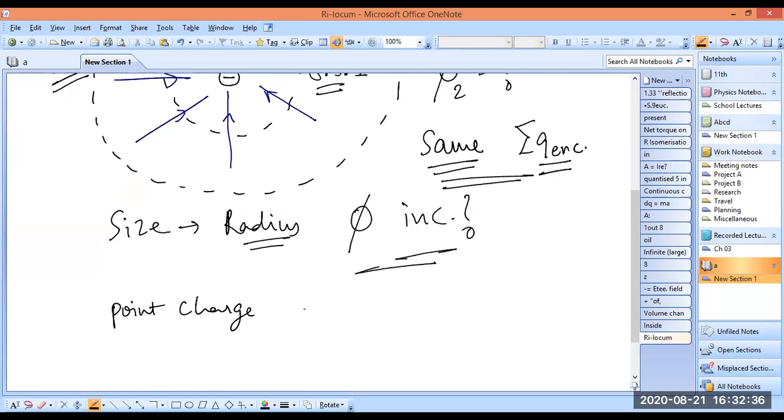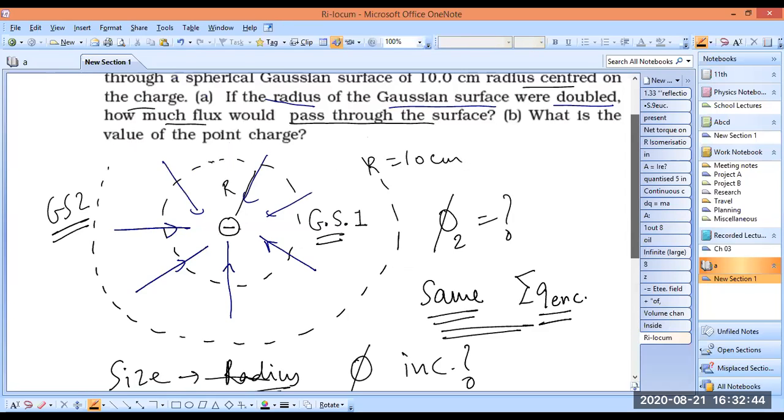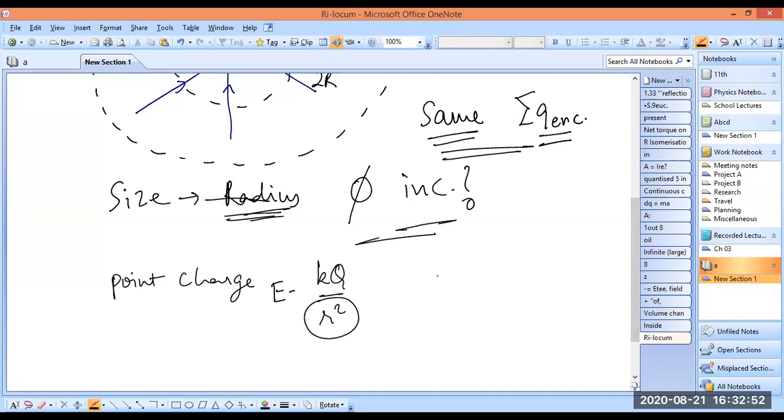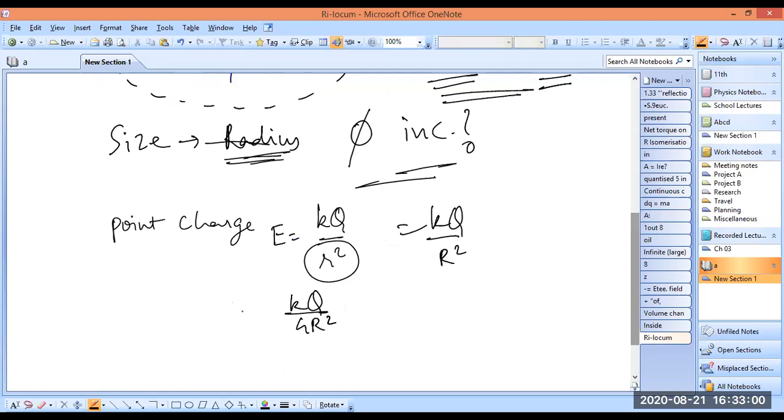And for a point charge, the electric field is kq by r square. So if you double the radius, the distance of this Gaussian surface from here is also doubled. So instead of r, now it is 2r. So because of that, the electric field, which was earlier kq by r square, will now become kq by 4r square, because the radius is now double.